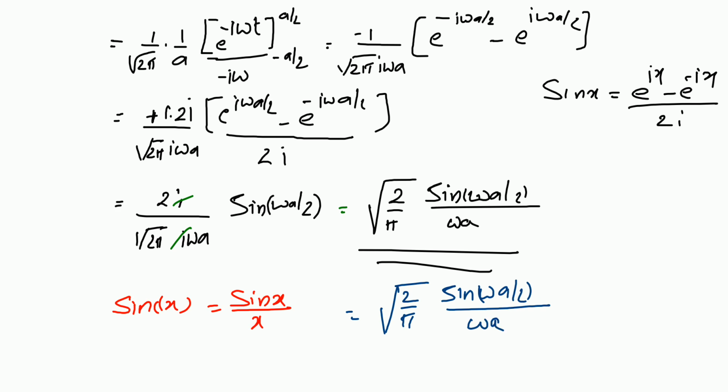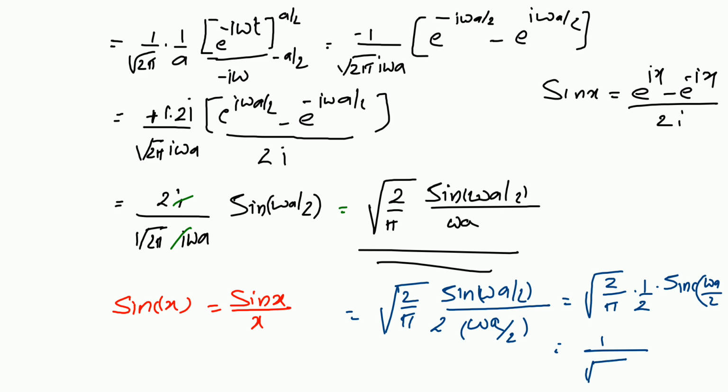Omega is already there, so I am dividing by 2 and multiplying by 2. Now it is equal to root 2 by pi into 1 by 2, and the rest can be written as sinc of omega a by 2. So that 1 by 2 and the root 2 in the numerator, we can arrange as 1 by root 2 pi times sinc of omega a by 2.